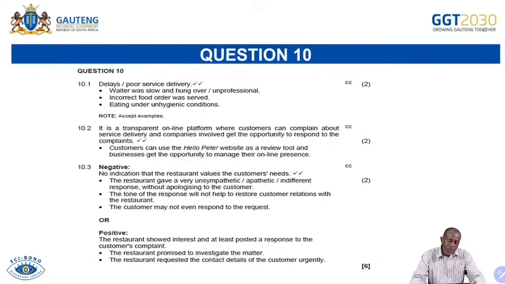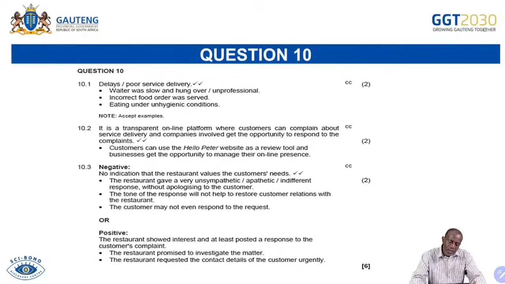And 10.2, it is a transparent online platform, that is your Hello Peter, where customers can complain about service delivery, and companies involved get the opportunity to respond to the complaint.